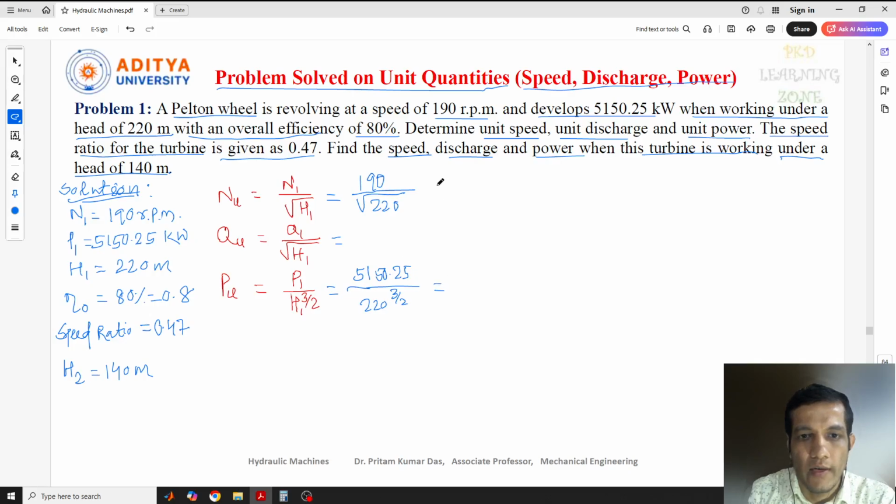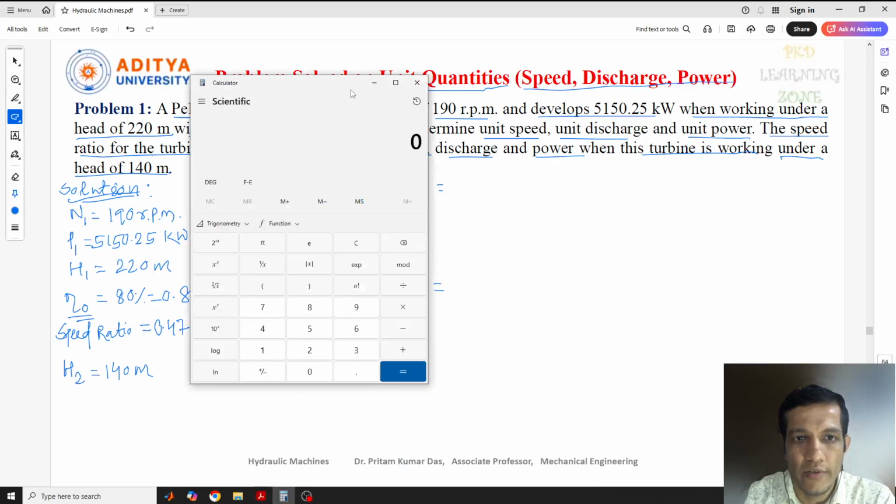Now, one more thing: Q is not given. To find Q, the overall efficiency is given, so from that we need to calculate the discharge value. Anyway, let's first calculate what data are given.